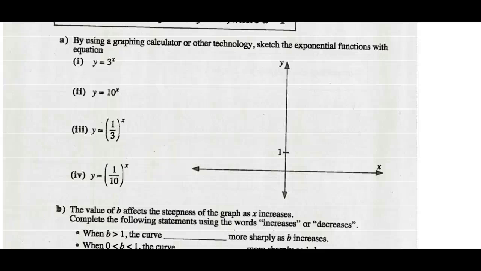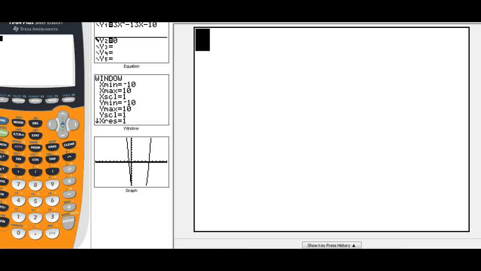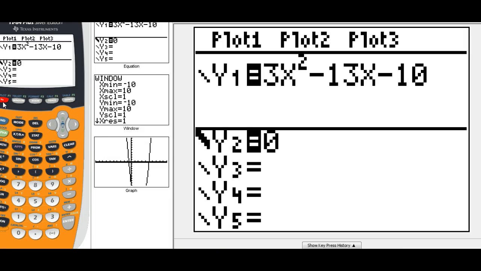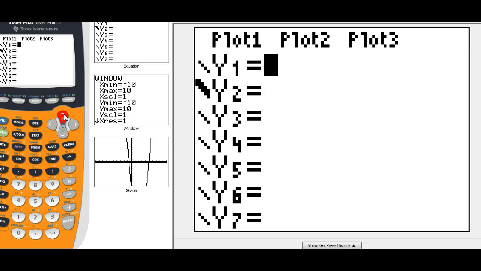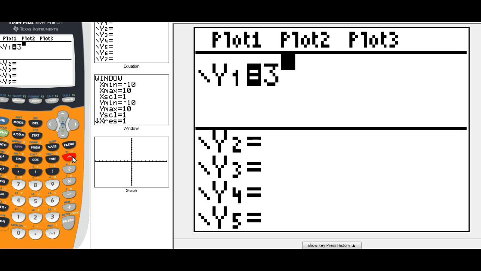So get out your graphing calculators and let's type these equations into our y equals screen. All right. So my y equals screen, I'll clear everything. And y1 is going to equal 3 to the exponent x.